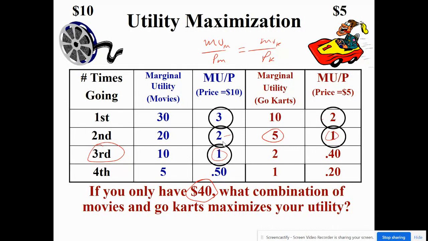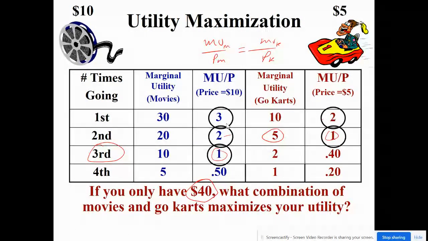Once again, we could have other combinations. If we went go-karting 4 times, because it's cheaper, that'd be $20. That means we can only go to 2 movies. Believe it or not, our total satisfaction would be much less.